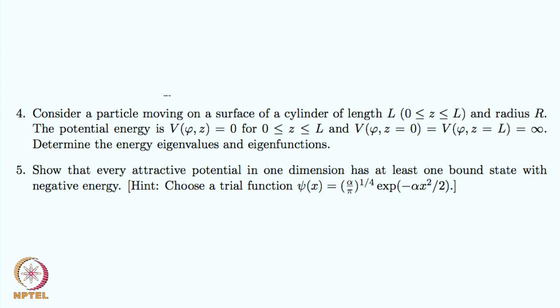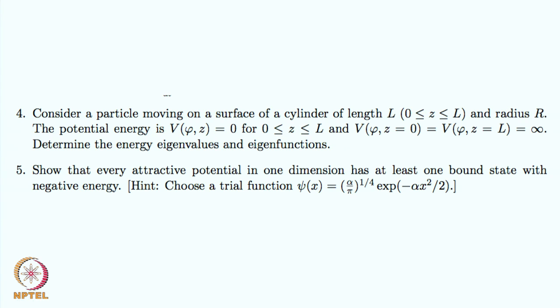The question is, show that every attractive potential in a one dimensional box has at least one bound state with negative energy, and you can prove this using a trial wave function.